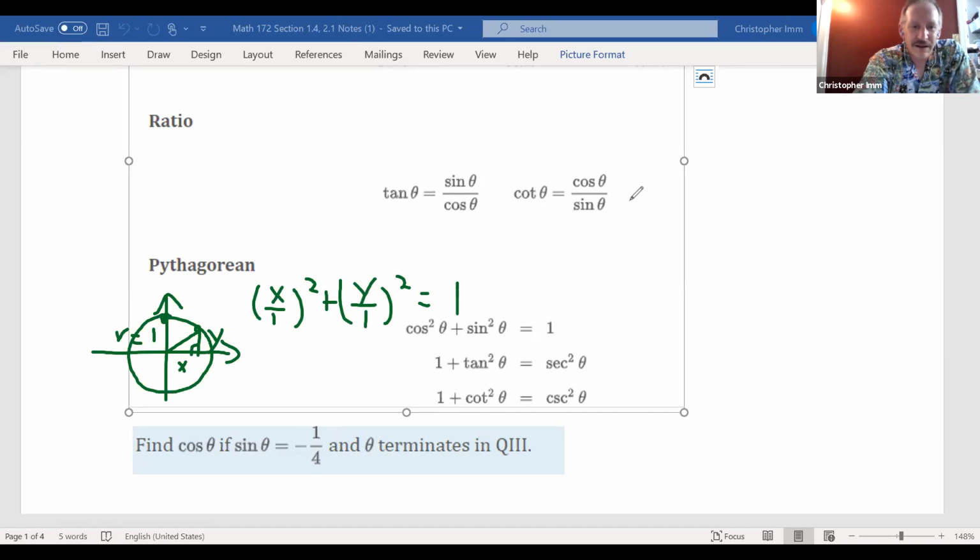So that would be the radius, right? So x squared plus y squared is equal to 1 squared. And that would give us cosine squared plus sine squared is equal to 1.